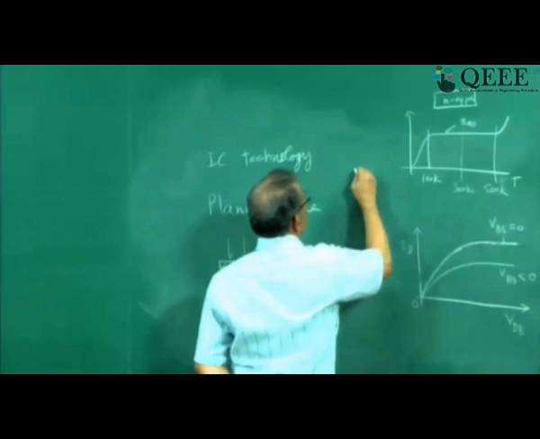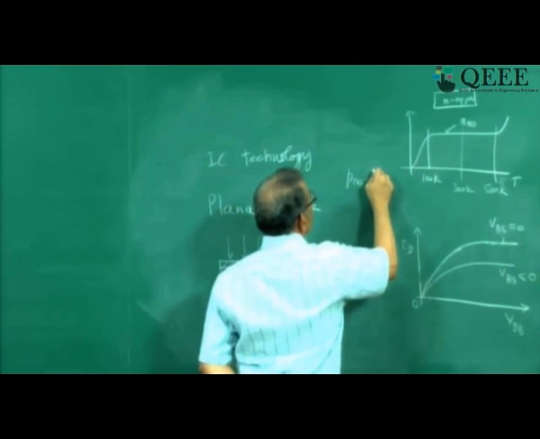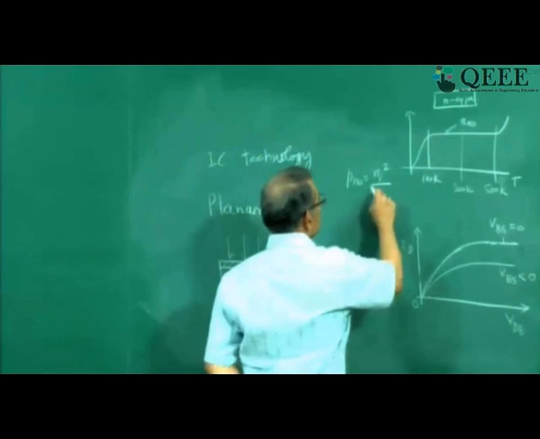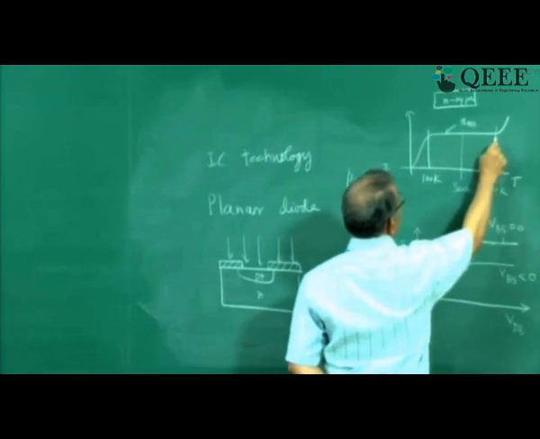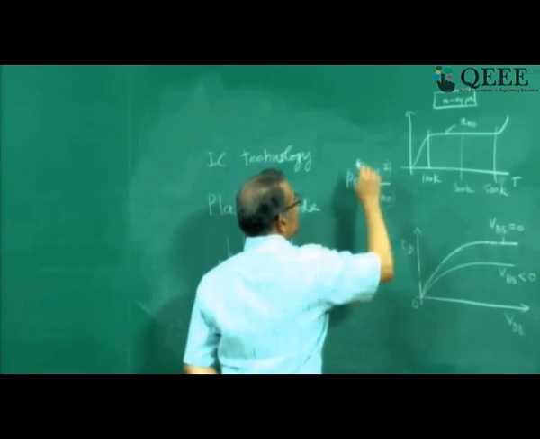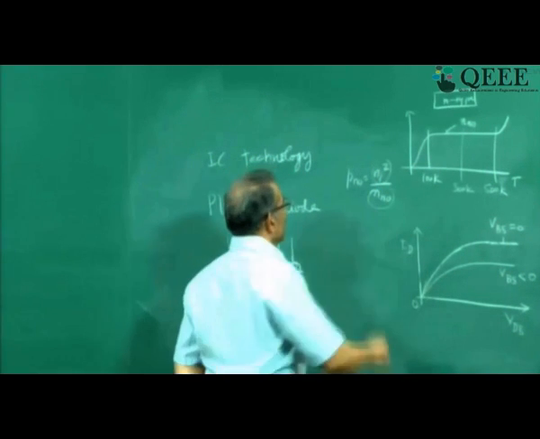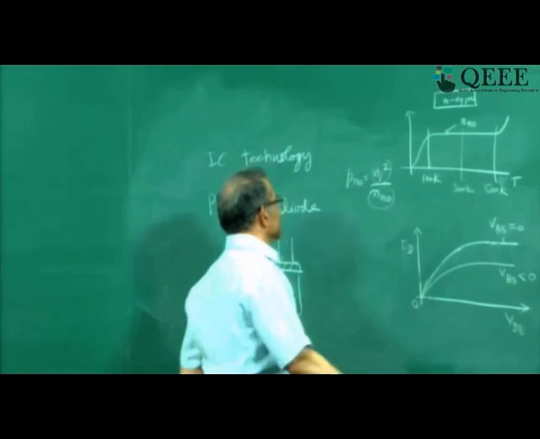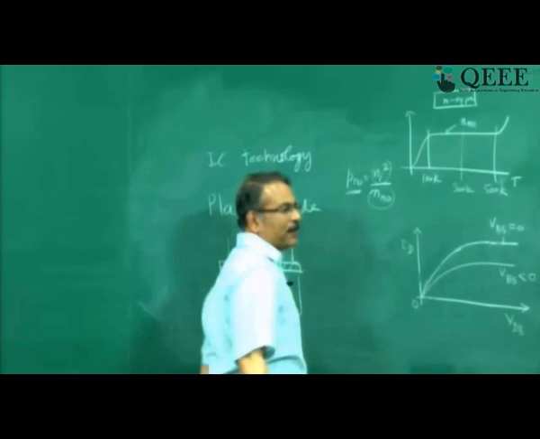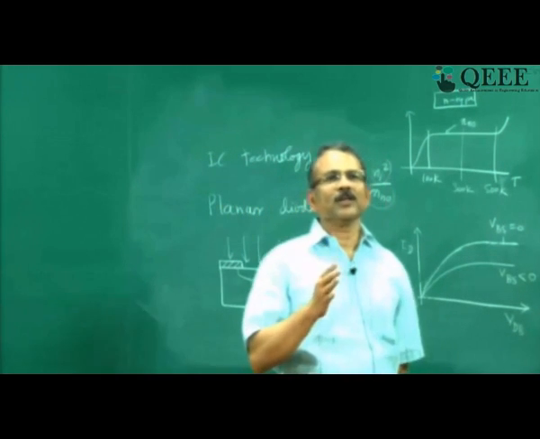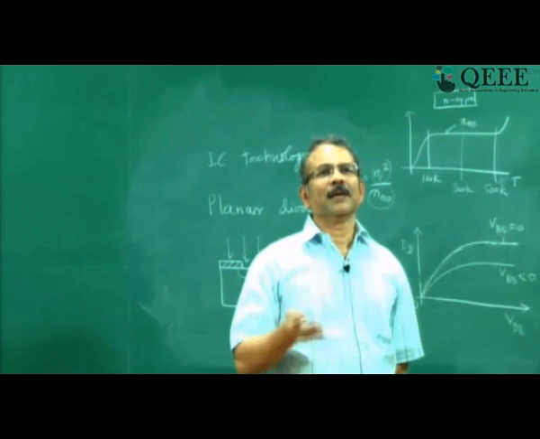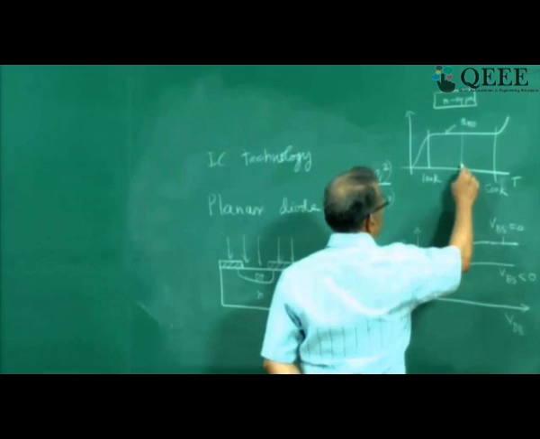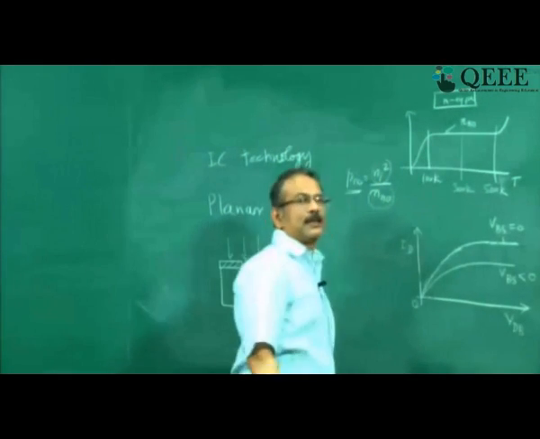The formula for hole concentration is Pn0 equals Ni squared by Nn0. Nn0 is not changing with temperature in this range, but Ni squared changes rapidly with temperature, as we have explained for the carrier concentration of an intrinsic semiconductor. So Pn0 changes a lot with temperature. In general, minority carrier concentration changes drastically with temperature, but majority carrier concentration does not change around room temperature for most practical semiconductors.